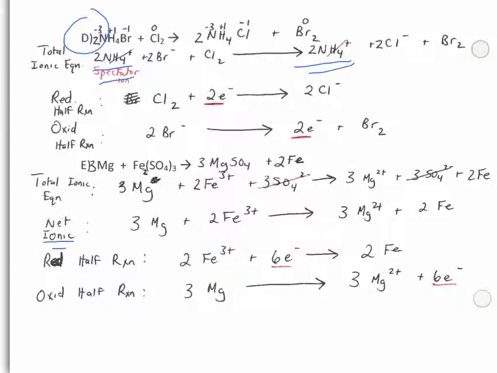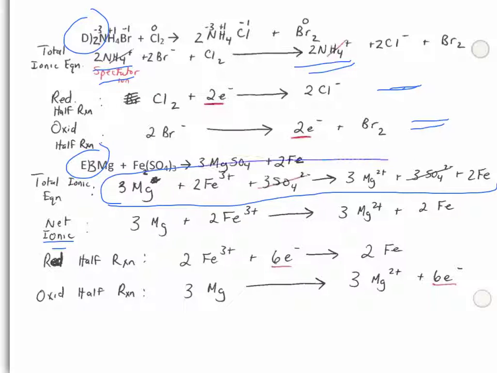And so from that, I get my reduction half reaction right here and my oxidation half reaction right here, and I only write the elements that are either being reduced or oxidized. If we look at part E, we take it one step further. Here you've got your total ionic equation, but let's simplify that and remove the spectator ions, because we have the 3 SO4 2- on both sides of the equation.